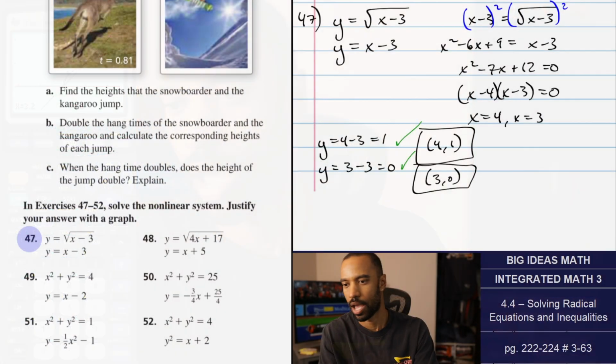So let's see. Here's the line. Here's the radical guy right there. Now, I want to zoom in on this thing right here because I need to show you exactly what is happening. I'm going to zoom in this area here. Here's the line. Here's the square root function. Look at that. It intersects right here and right here. Now, these 2 points, I'm going to copy, paste over to our stuff.